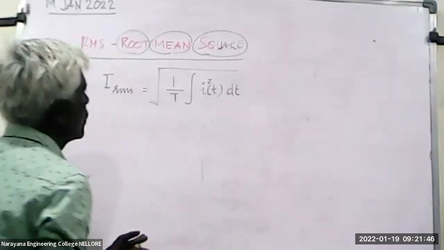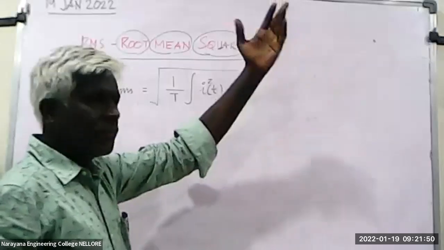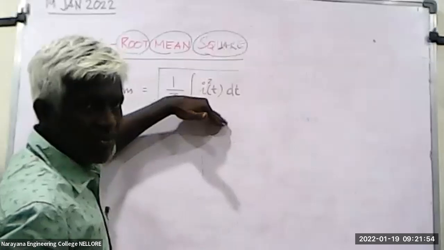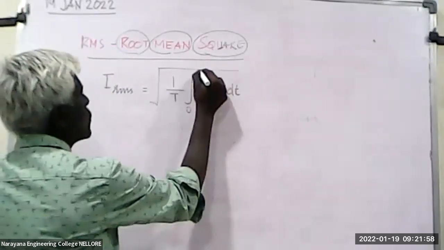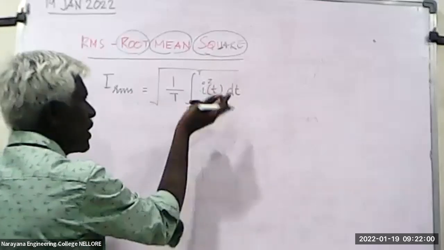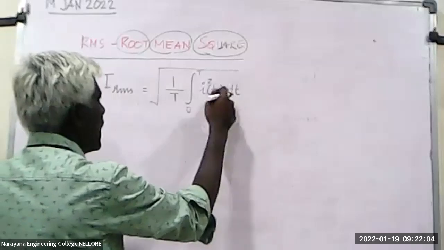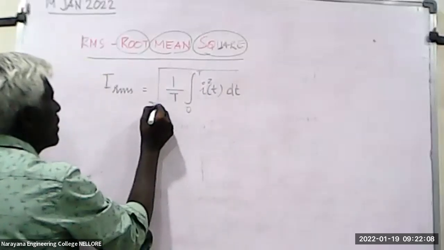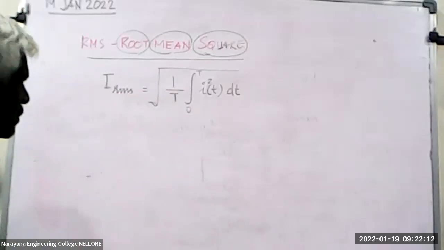You take any number of values I1, I2, I3, I4, I5, I6, square them, add them up and divide by the number of samples you have taken. So it is like integrating those values over a period of time. Square values are integrated, then divided by the time period, and you take the root. Then it is called the RMS value.